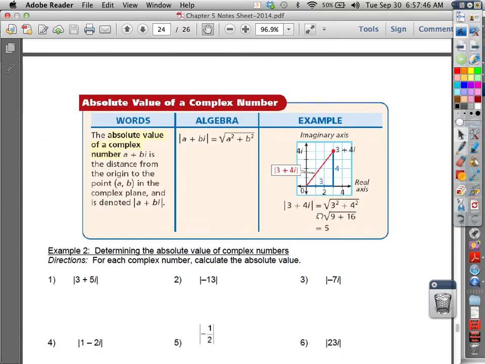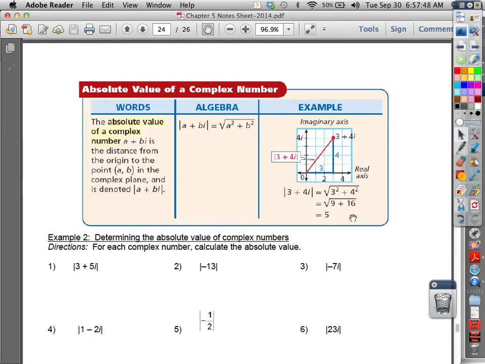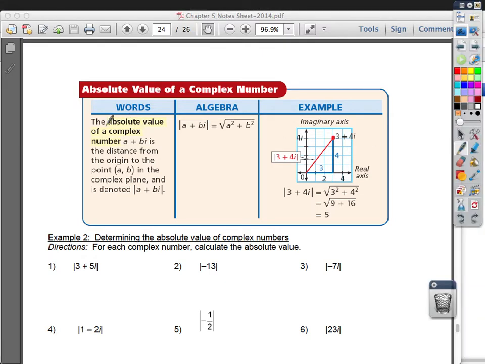The absolute value of a complex number. This should not come as a shock because the idea of the absolute value function is that it provides you a distance. So, when working with the absolute value of a complex number, it is the distance, oh, I'm still in white, this is so exciting. It is the distance from the origin to the point in the complex plane. So basically, how do we find that distance?